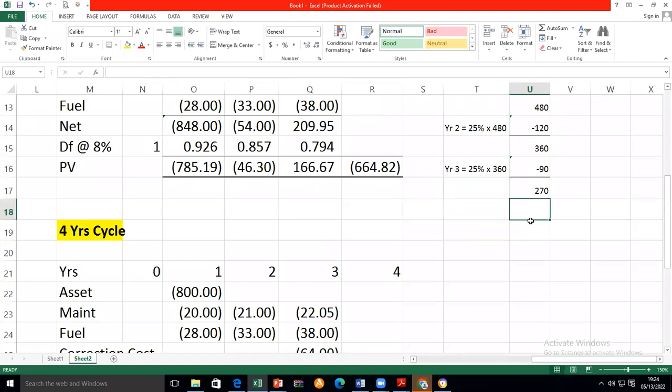So what we're supposed to do is we take this figure and multiply by what? 5%. Yes. Then we subtract that from the figure.